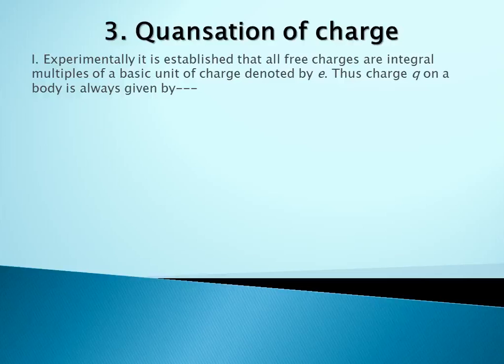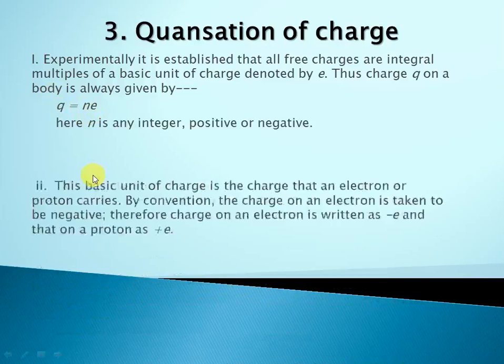Now the third property is quantization of charge. Experimentally, it is established that all free charges are integer multiples of a basic unit. So if we write it as an equation, Q is equal to n e. Q is the symbol of charge, n is any positive or negative integer, and e is the electron charge.